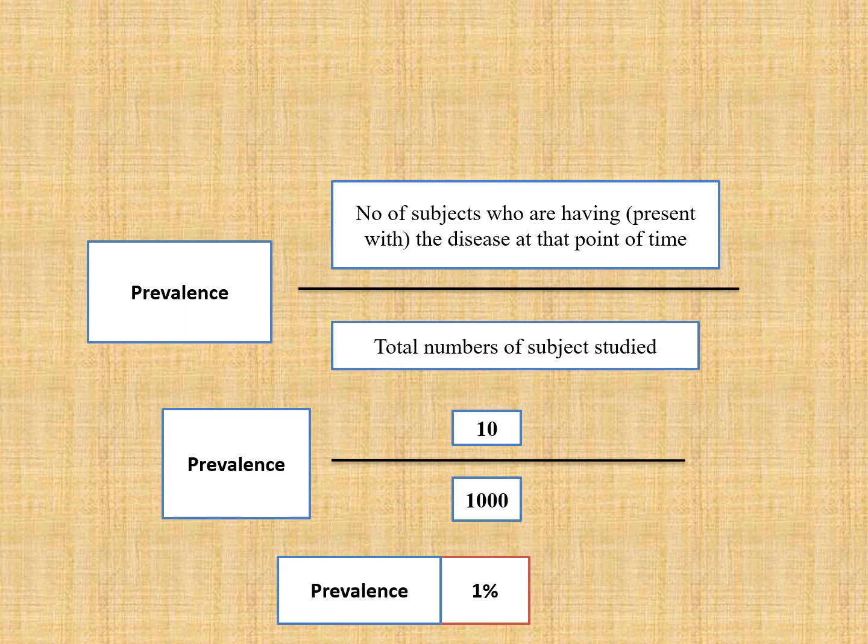So the numerator is 10, and we surveyed a total of 1000 children, so the denominator is 1000. So the prevalence of measles in that community is 1%. The frequency of children who had measles at the time of first medical examination was 1%. This is called prevalence. Remember, on the numerator we took the total number of old plus new cases, divided by the total number of subjects we surveyed.